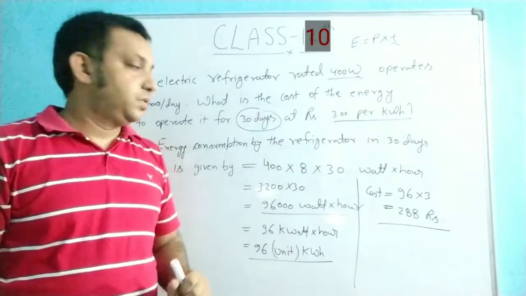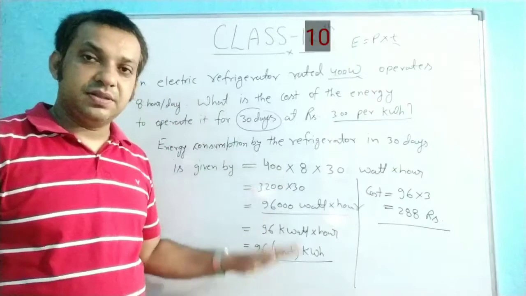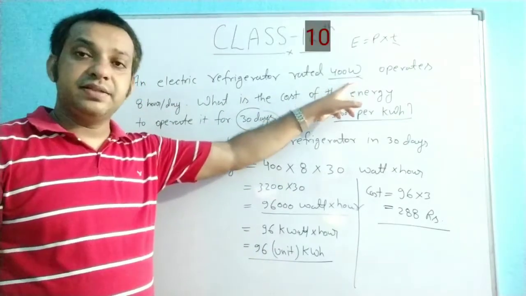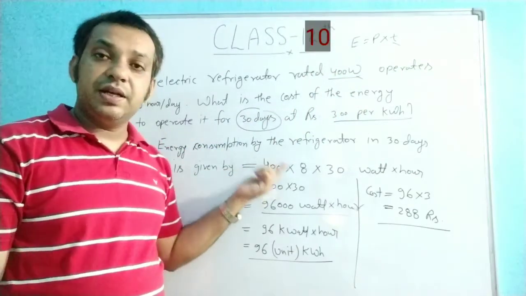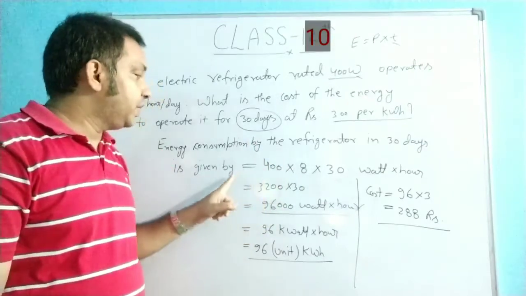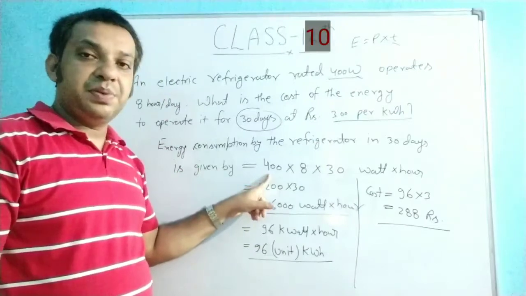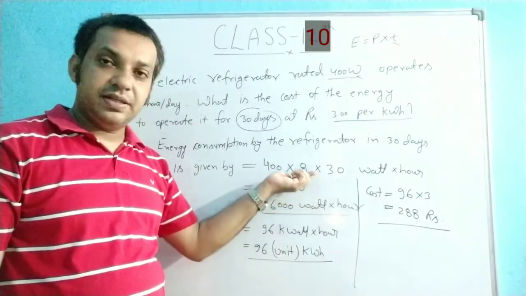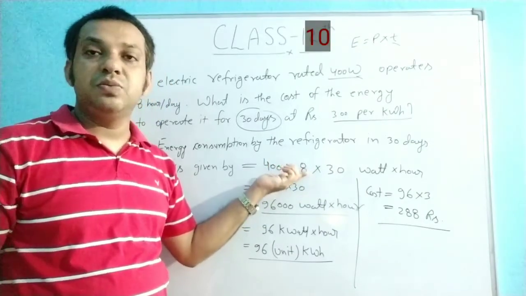So this is your question. I hope you understand. Let us summarize the question again. The power rating of the refrigerator is given, and we have to find the energy consumed in 30 days. From the formula, E is equal to P into T. P is 400 watt, multiplied by the time, 8. When you multiply 400 into 8, you get the energy consumed in 1 day.